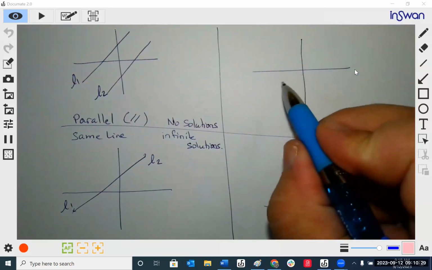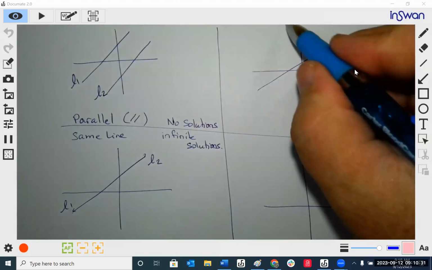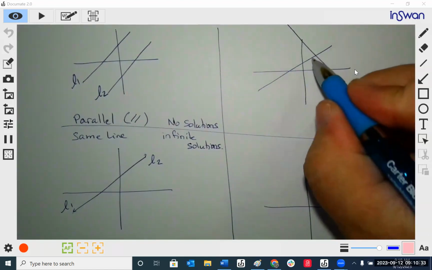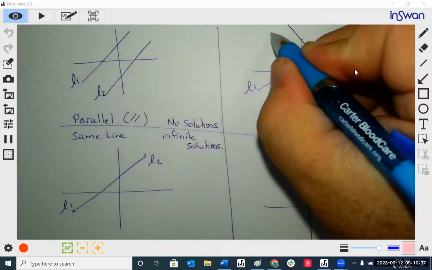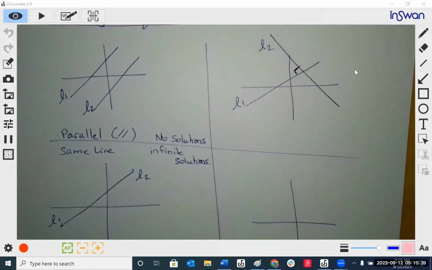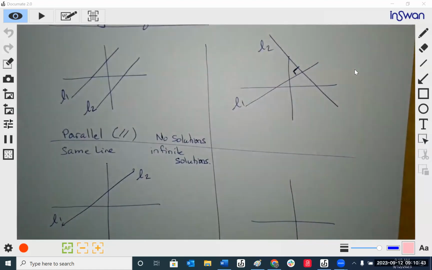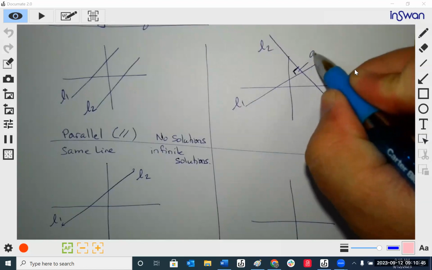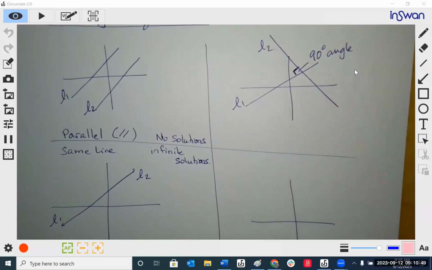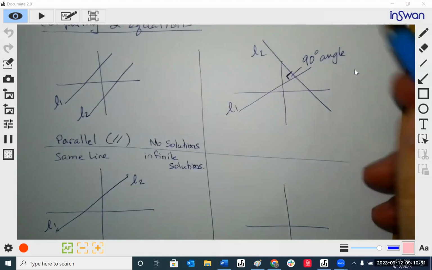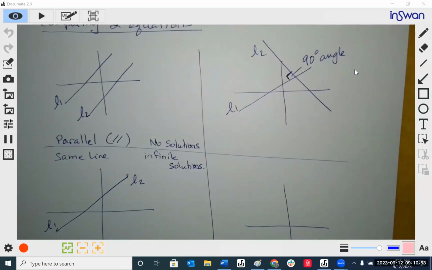The third case, this is line 1, this is line 2. They form a 90-degree angle. That's what that means there. Like the corner of your paper, that's a 90-degree angle.